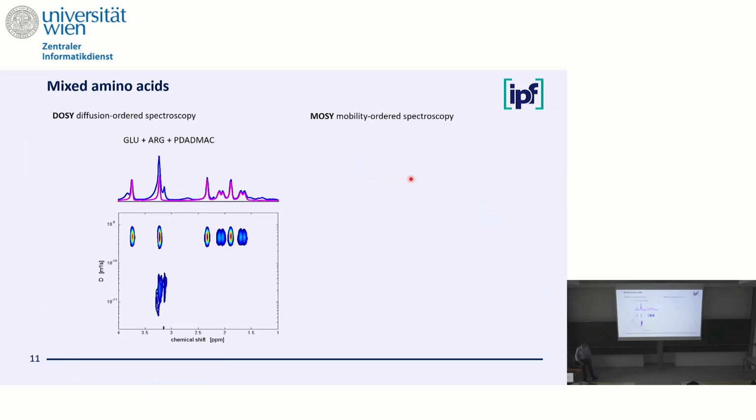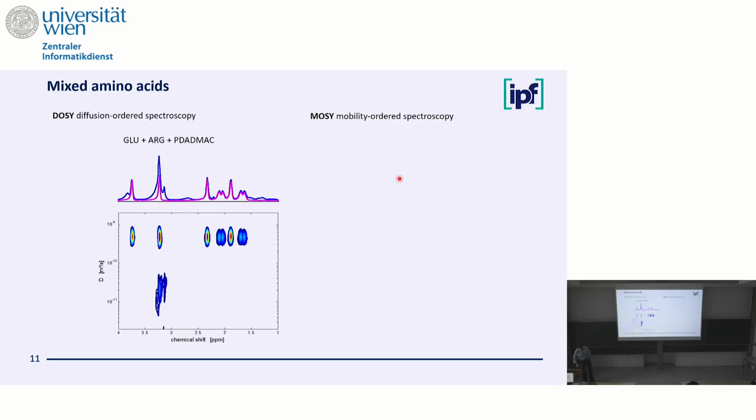So for the chemists in the room, diffusion ordered spectroscopy, DOSY, is probably well known. We correlate on the horizontal axis identifying what we're looking at, and on the vertical axis we have the diffusion coefficient. Here I have a polycation and glutamic acid, roughly the same size.